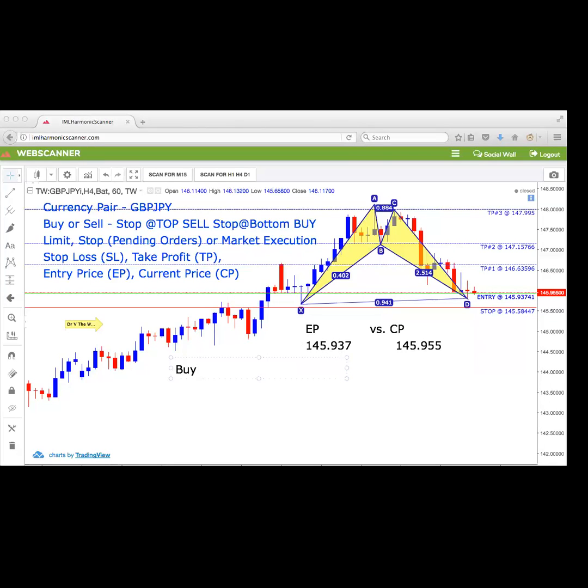When you have a buy stop, or a buy limit, sell stop, or a sell limit.